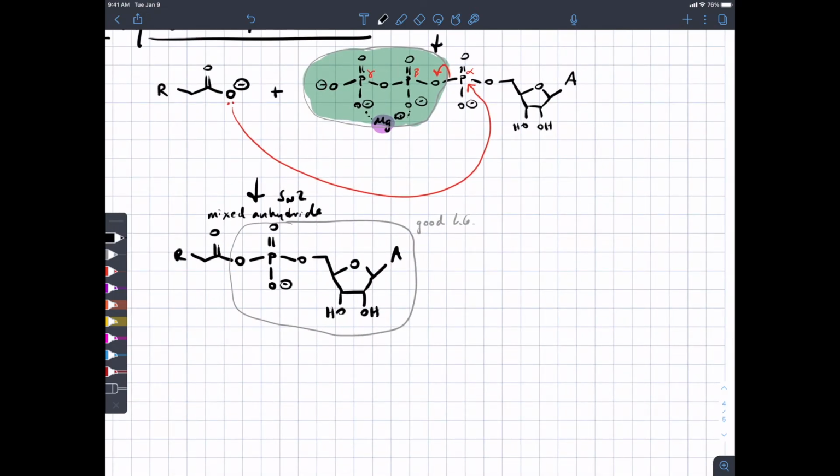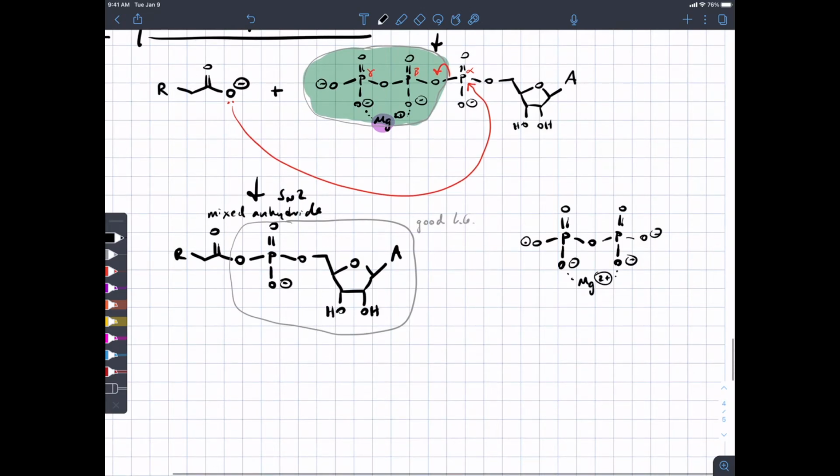Now, what about pyrophosphate, that other thing that was the leaving group in this SN2 reaction? This is sort of the secret weapon in this reaction.